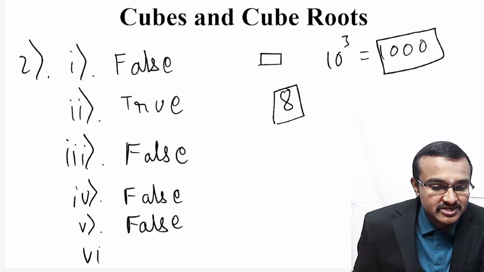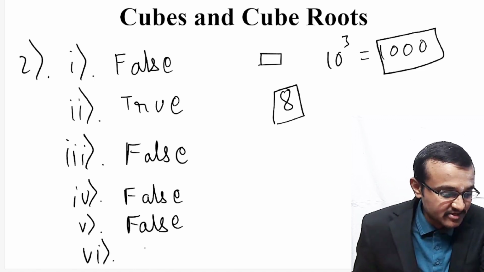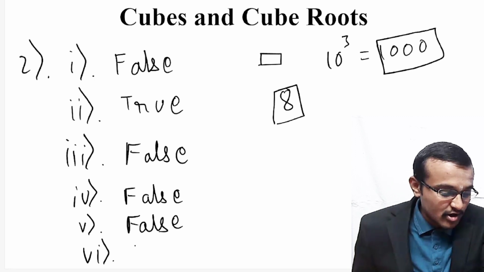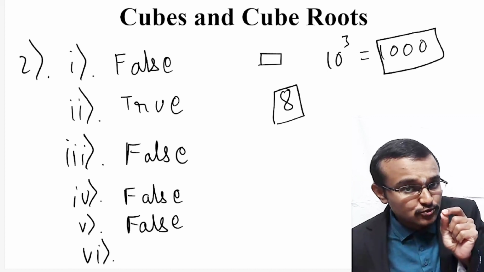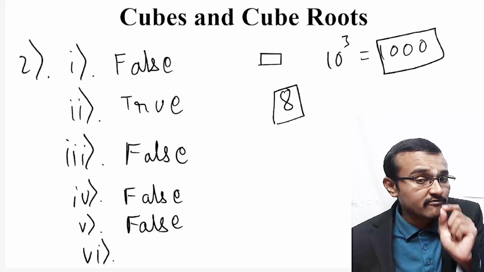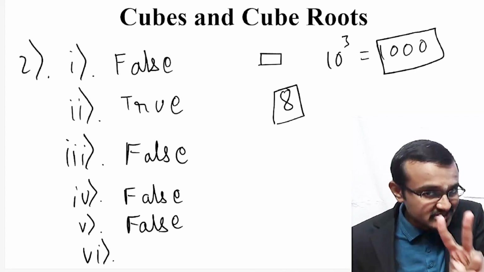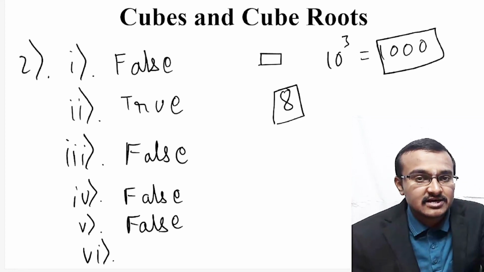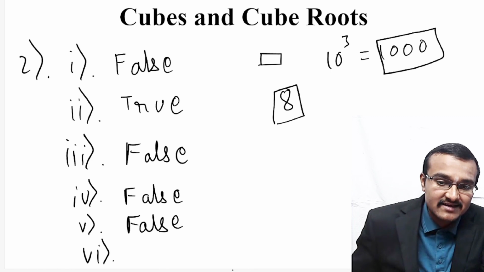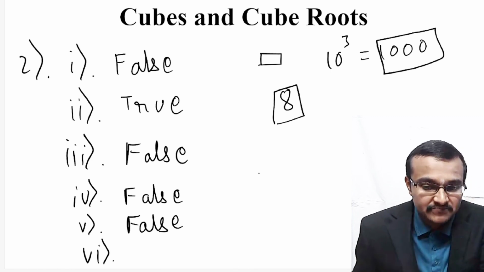Coming to the sixth question in this second question, they have given: the cube of a 2-digit number may have 7 or more digits. So they are saying the perfect cube of a 2-digit number will have 7 digits or more. Let us take the maximum 2-digit whole number, that is 99.